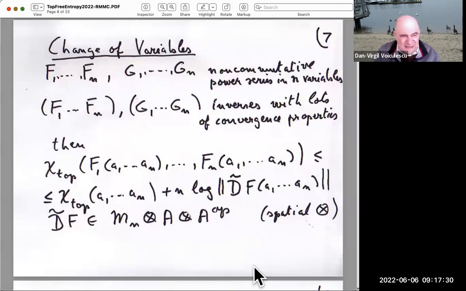Namely, this is delta twiddle F, and it is an n by n matrix, and in the entries it's like a Jacobian. It's dfi over daj, if you want.